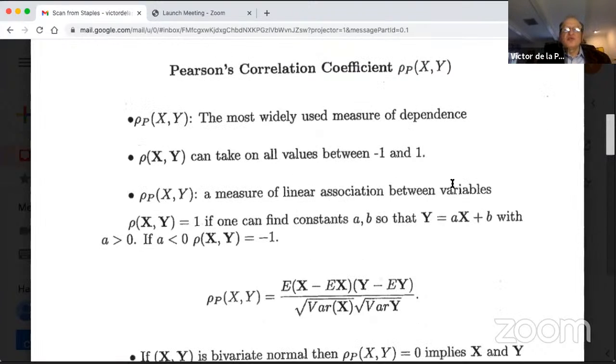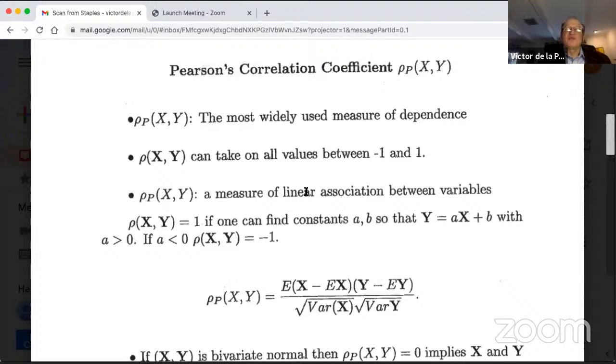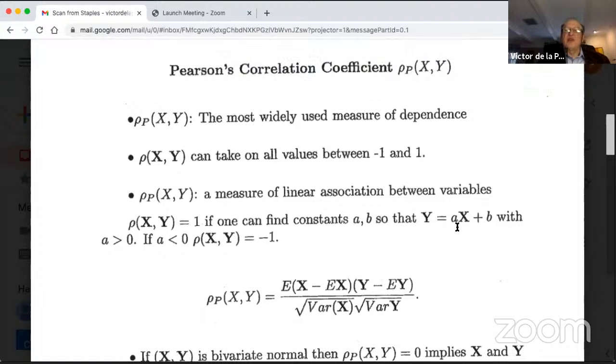So the correlation coefficient rho has values between -1 and 1. It is a measure of linear association, in that the correlation coefficient of x and y is equal to 1 if y is related to x by a straight line relationship. So when y equals ax plus b, with a positive, the correlation coefficient is equal to 1.